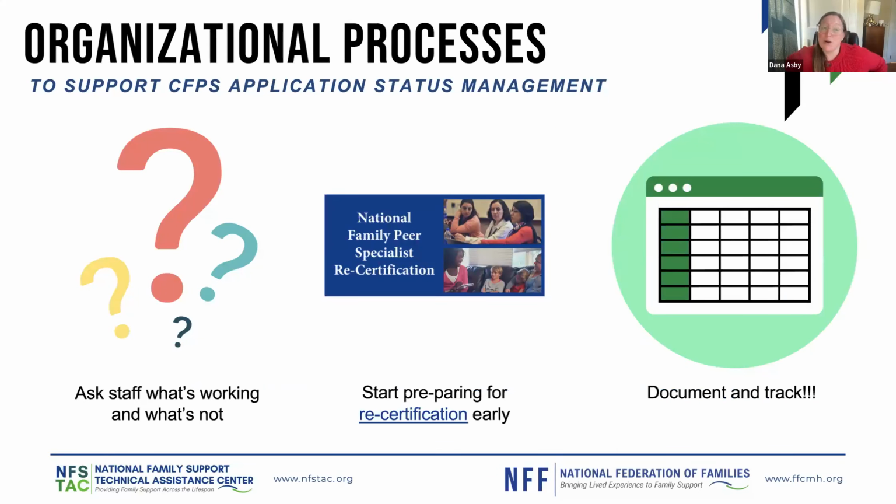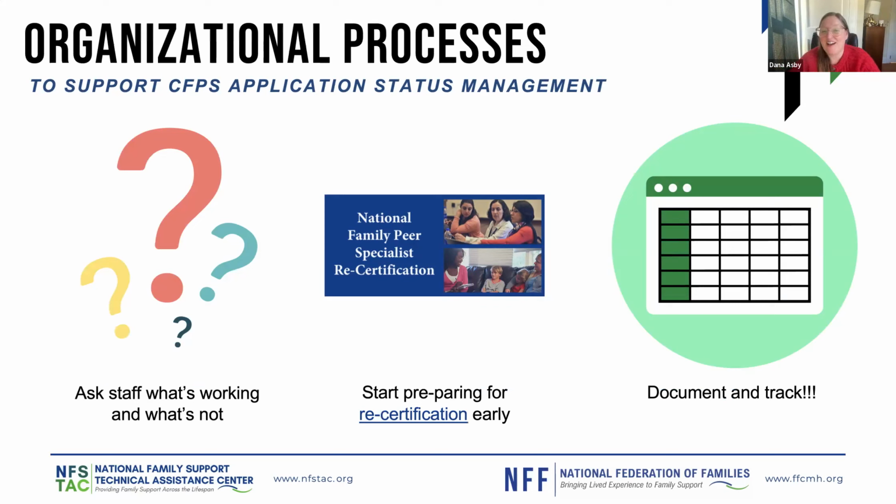So it's very helpful to have some kind of organizational processes that help you keep track of where all of your different staff members are on this journey. Some tips that we have are to keep checking in with your staff about what's working in the process, especially as you make changes to how to manage all of these certifications.